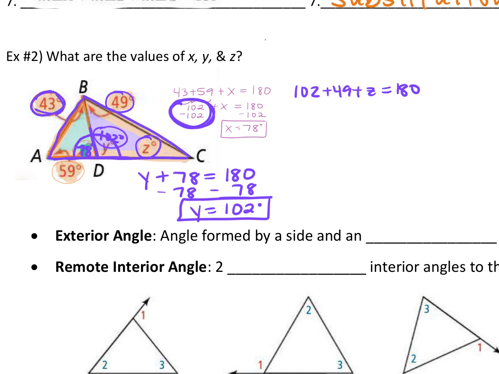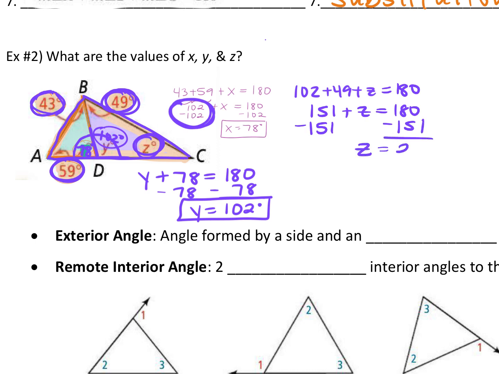You could say 43, 49, z, and 59 equals 180. If you did it both ways, it'd be a good check. I don't expect you to do it both ways, but if you're ever not sure, there are multiple ways, okay? So keep that in mind. So this is 151 plus z equals 180. Take away the 151, and your z value will be 29 degrees.